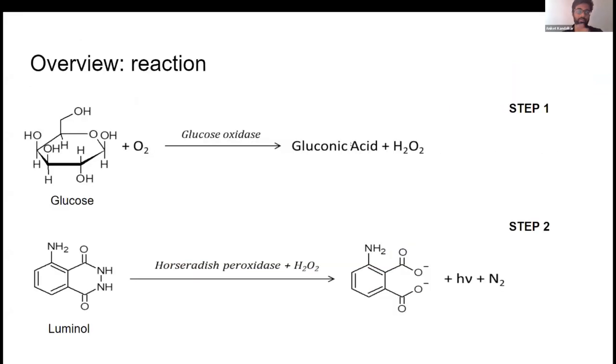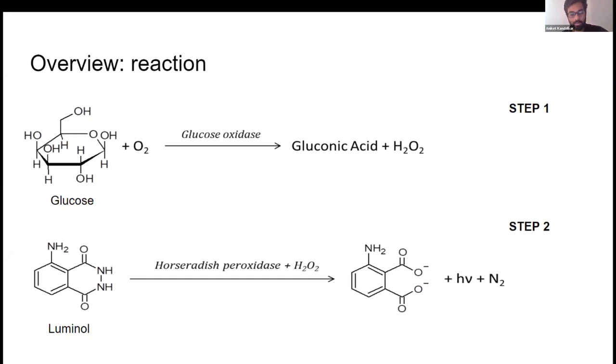So this is the overall chemical reaction. We have glucose, and in presence of glucose oxidase, which is an enzyme, it produces gluconic acid and hydrogen peroxide, which is H2O2. And this hydrogen peroxide can oxidize luminol, which is a chemiluminescent dye. In the sense, it produces its own glow when it is oxidized.